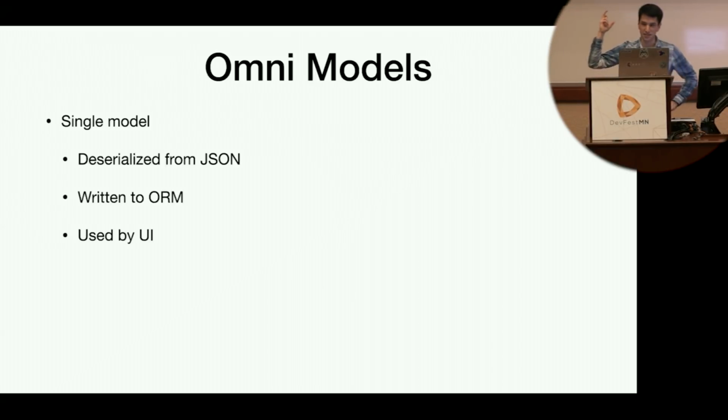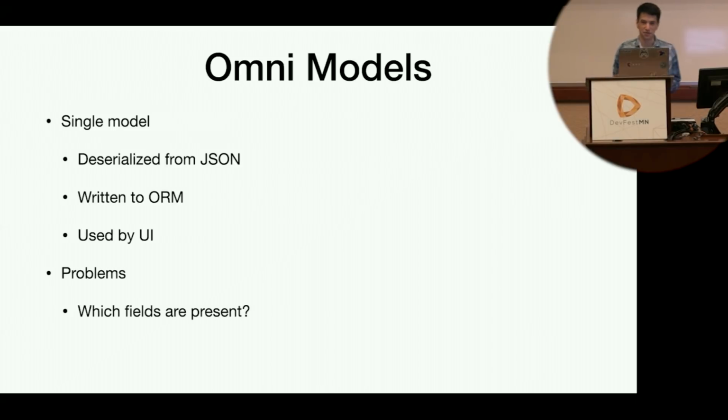And this leads to all sorts of nightmare situations, mostly around which fields are present. Because when we make network requests, various fields are present or not present in the resulting response. So that can be one set of fields that are present. In the ORM, a different set of fields are present because we store it in the database slightly differently than it's returned to us from the server.